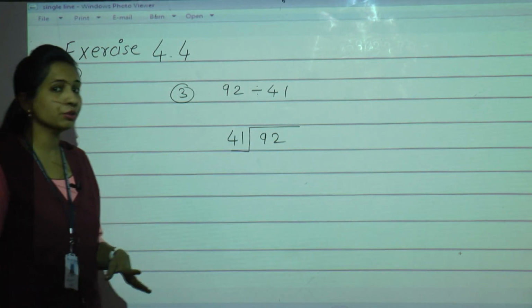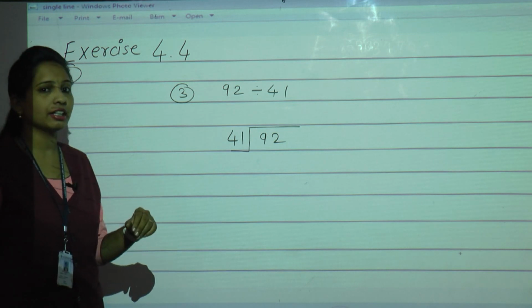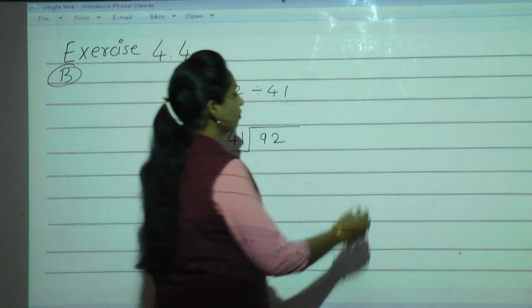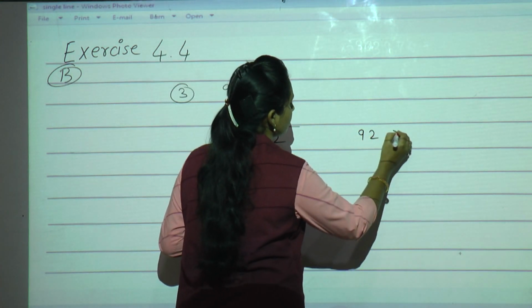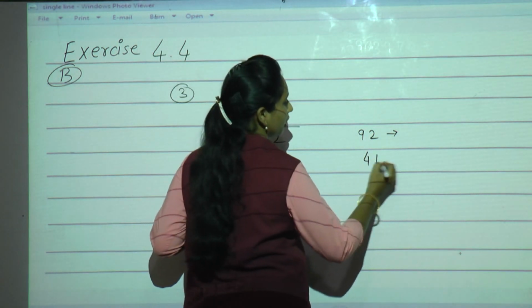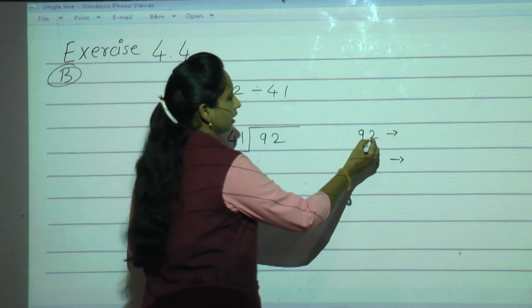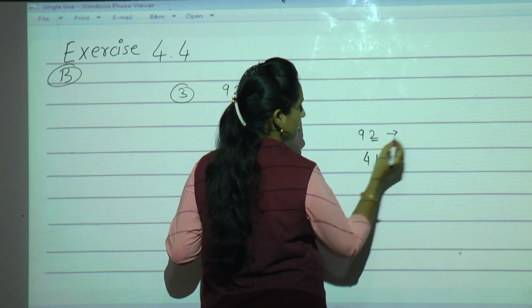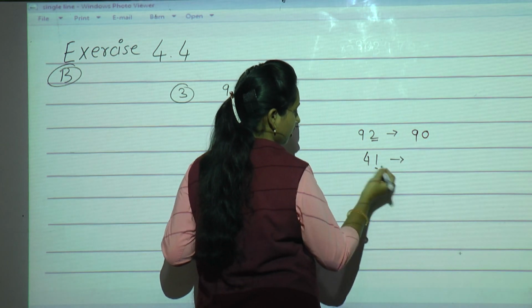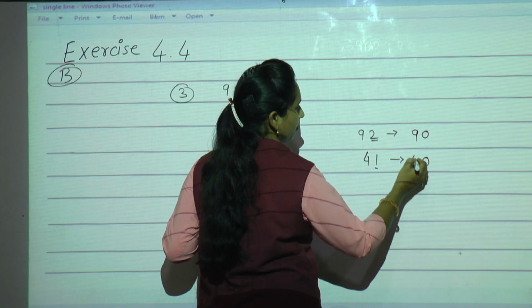Now what do we have to do to find the exact quotient? Go with the estimated quotient. First we need to estimate the given numbers 92 and 41. See, 92, underline the ones place, 2 is there, so place 0 without changing the tens place. Again the same.